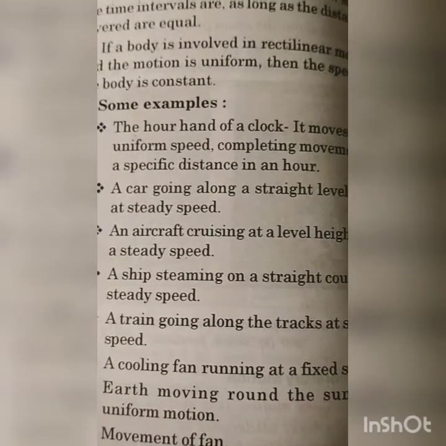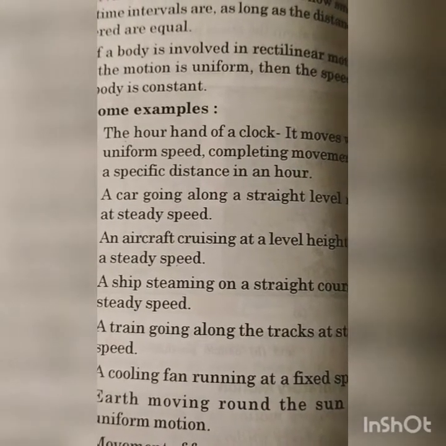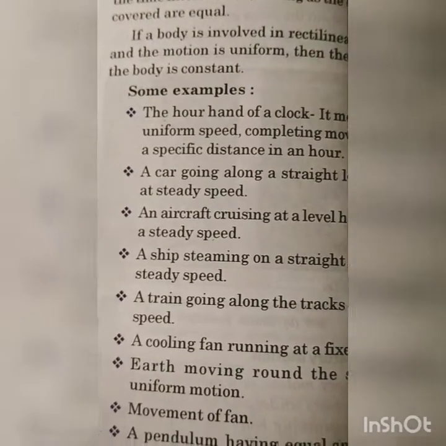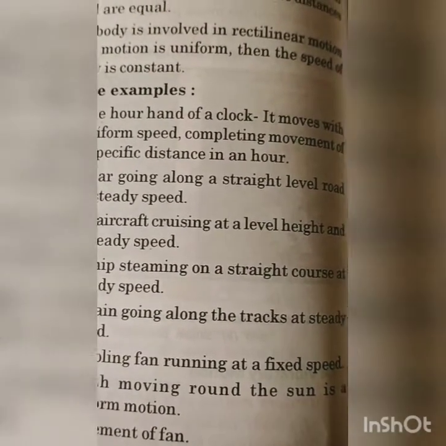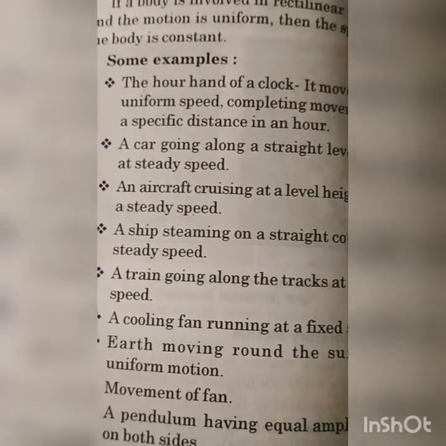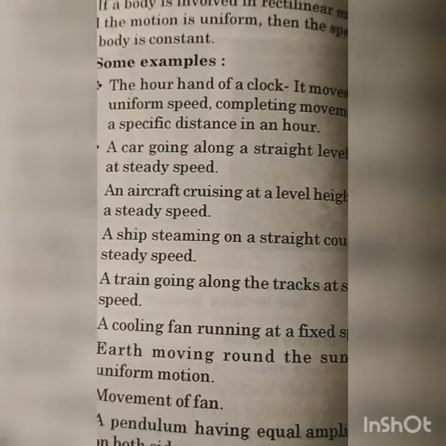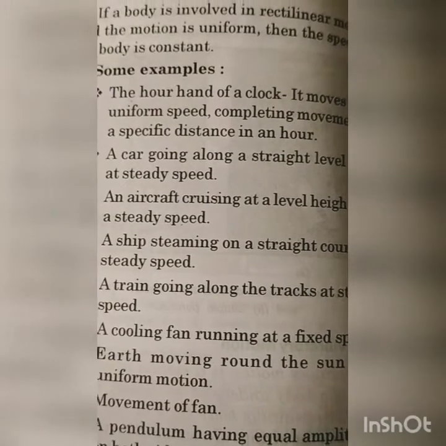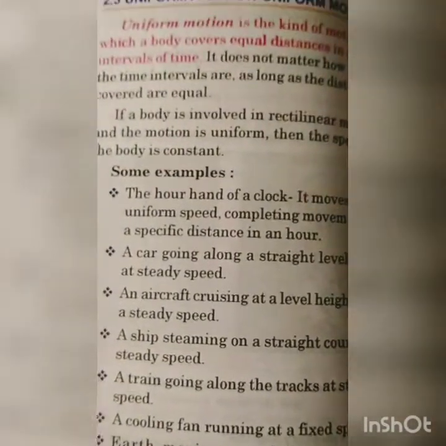A fan also, when you switch it on, it takes some time, then after that when it achieves the maximum speed it moves on with the same speed. Earth is moving, in fact all the planets are moving at the same speeds, so that is uniform. Many examples are there, you can see them.